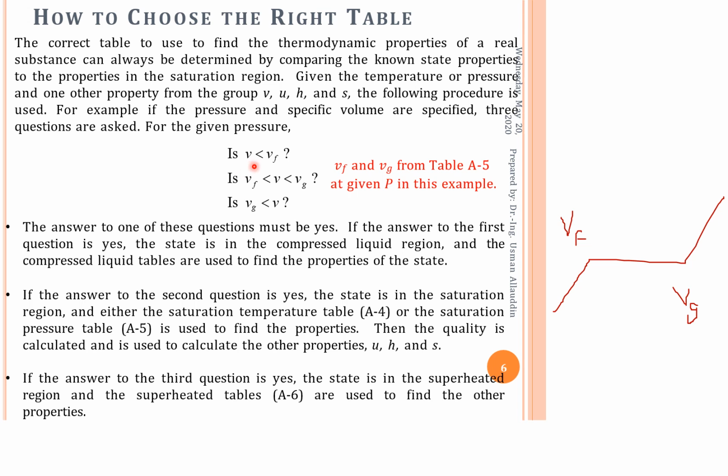I also want you to know what a greater than sign means. If this is a backward sign, anything on the left will be lesser, and anything on the right will be greater. For example, if you just consider this side, then Vf is less and V is greater.